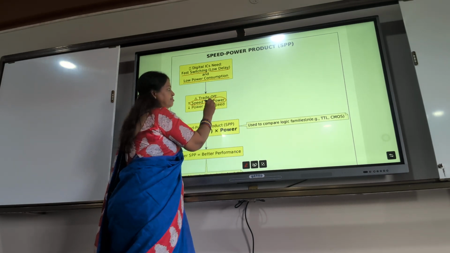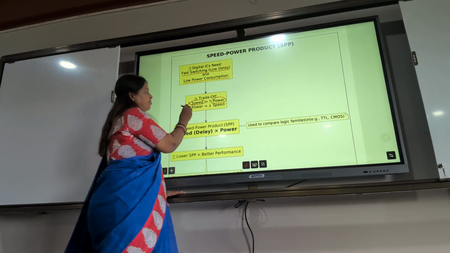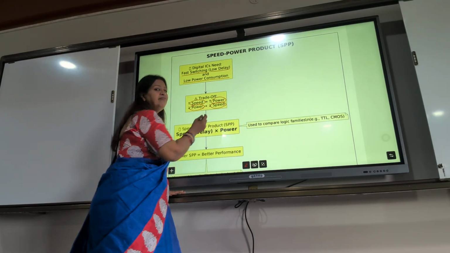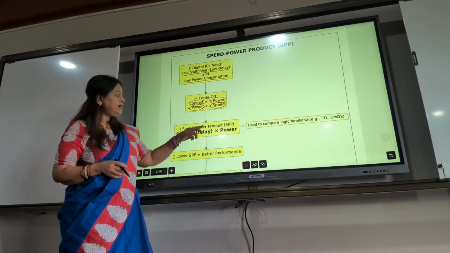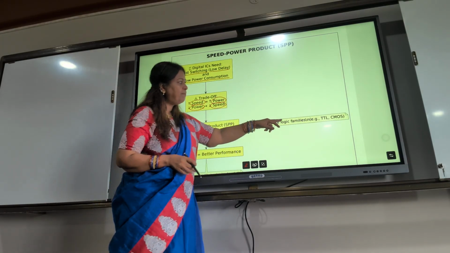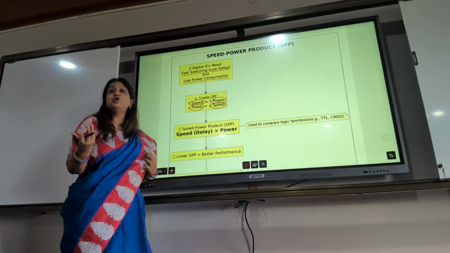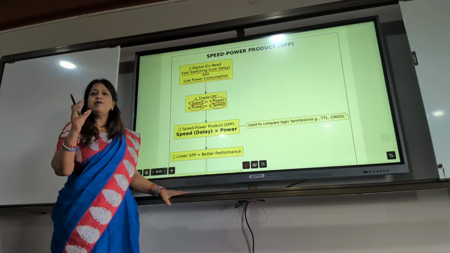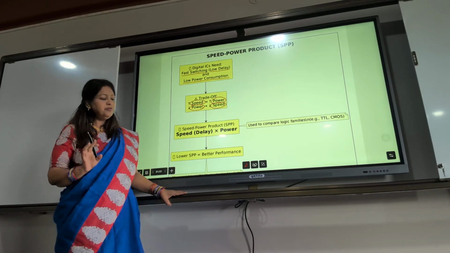More power consumption will be there. If you want less speed, less power consumption, less speed will be. So speed power product is the delay into the power used to compare the logic families. Which family is good? Which family will give me lower speed power product? That we have to check.